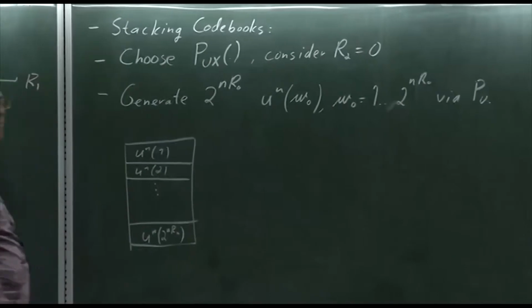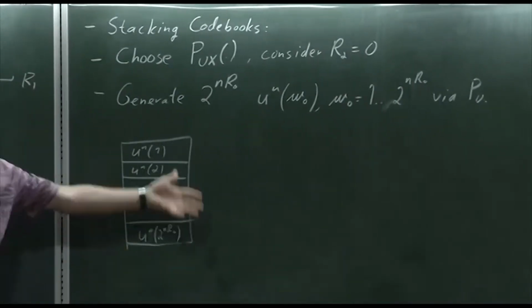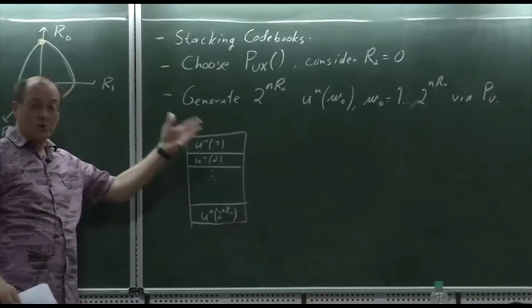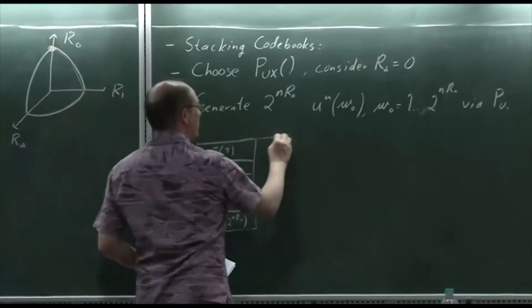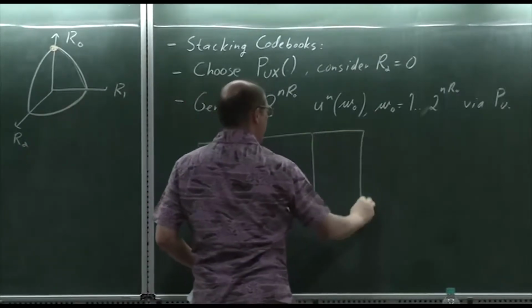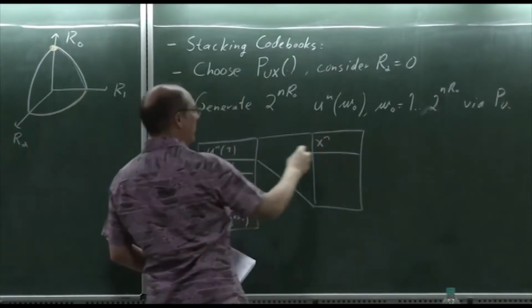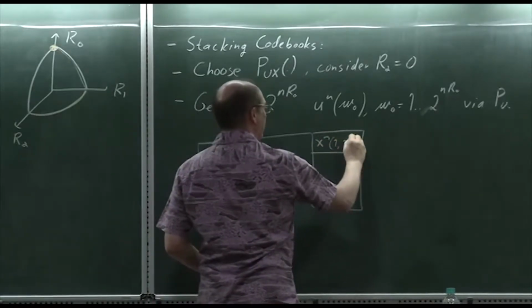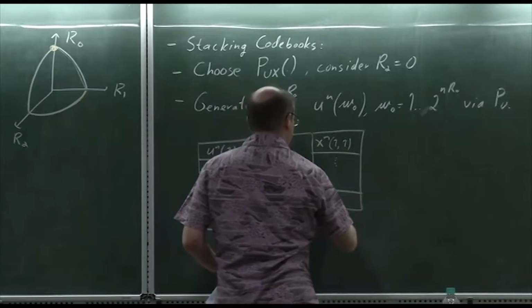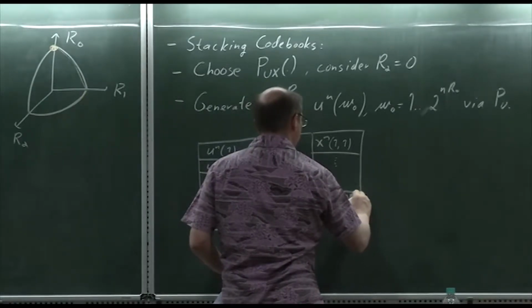And now what we're going to do is the following. For every one of these code words, we're going to generate another code book. So for every one of these, we generate a new code book of x's. So x^n(1,1), x^n(1,2), up to 2^(nR1).